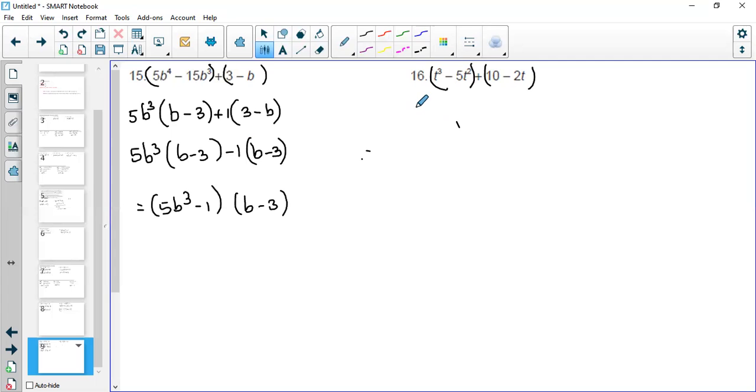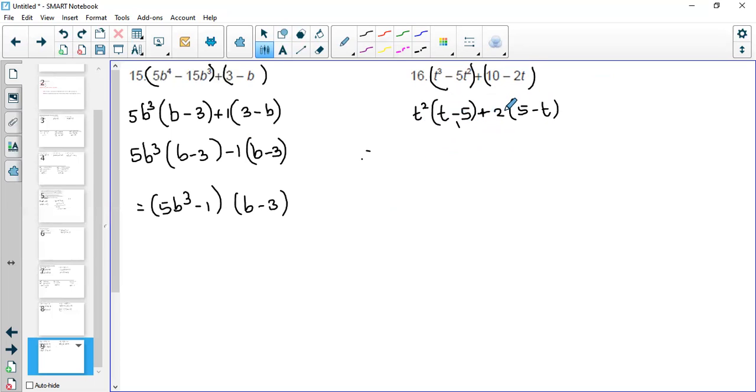Here again, the GCF is going to be t squared. So that means it will leave me with a t minus 5. And here again, the GCF of these 2 is going to be a 2, which means a 5 minus t again. Right? So again, what does that mean? t minus 5 and 5 minus t are not the same. So what you're going to do, you need to remove a negative 1 as a common factor here.